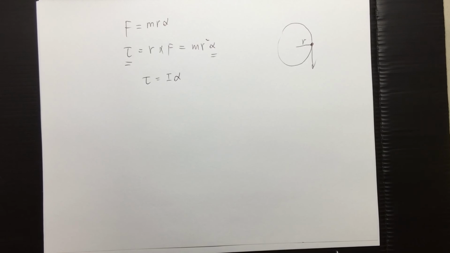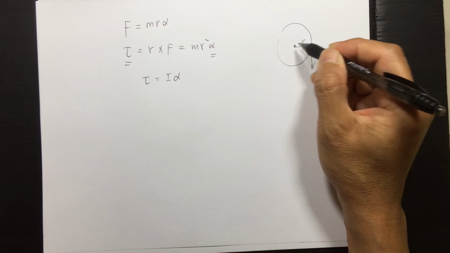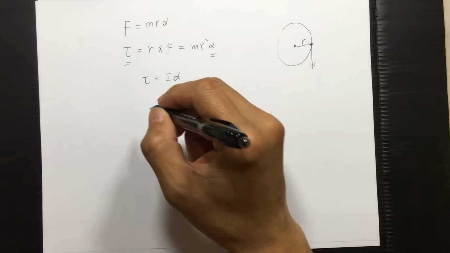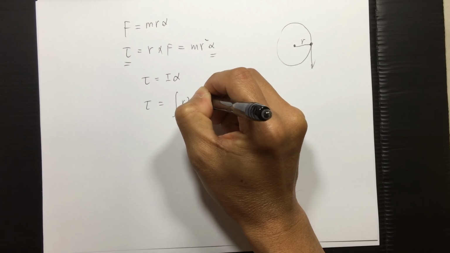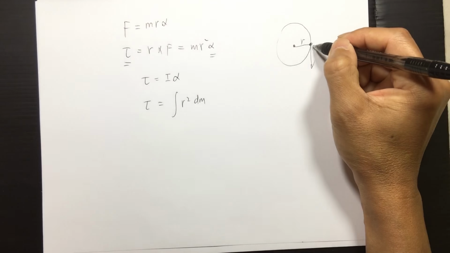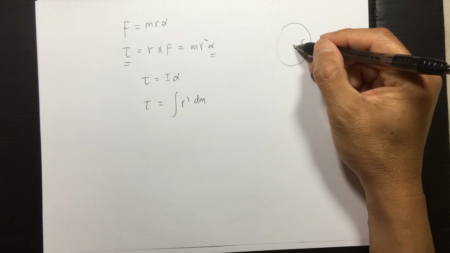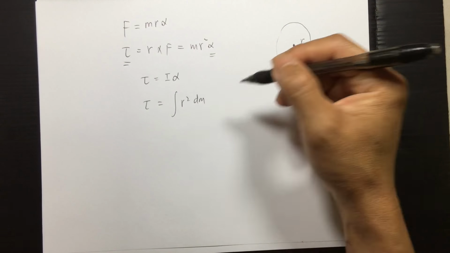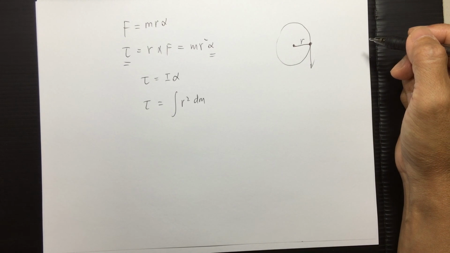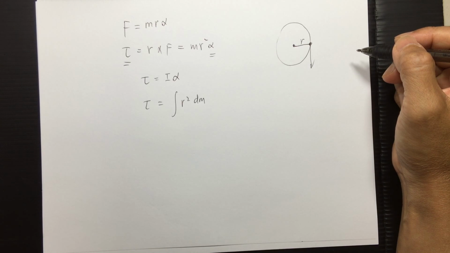Let's say this thing is not just on one dot or some other points. Refer to this point, r squared dm. So every little piece of mass dm, you measure the distance to the reference point, and then r squared. You integrate this, and that'll be your torque.